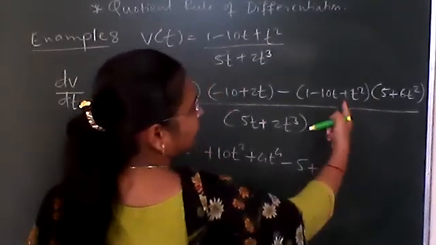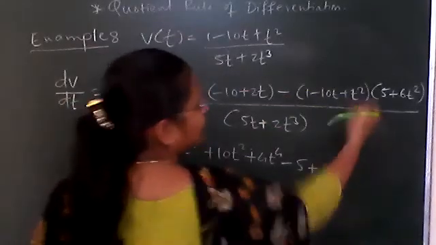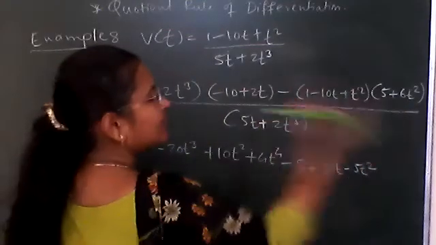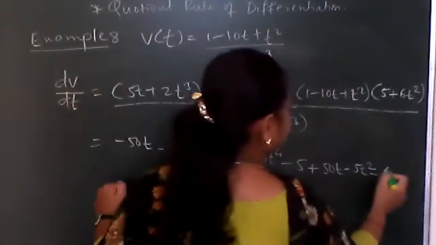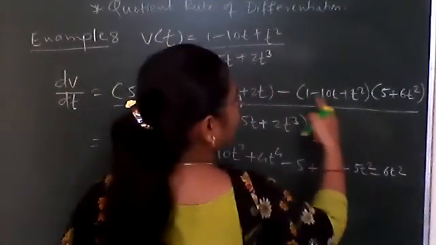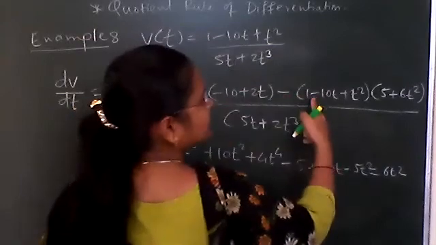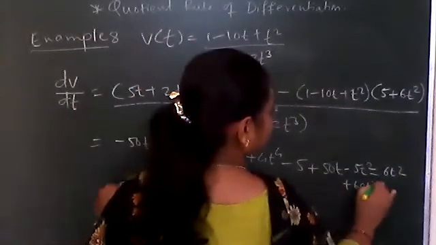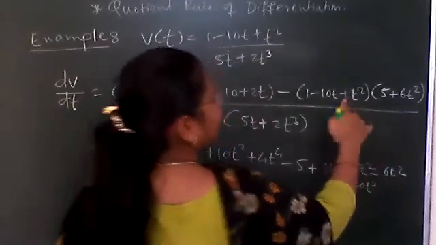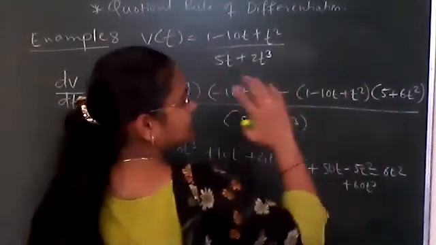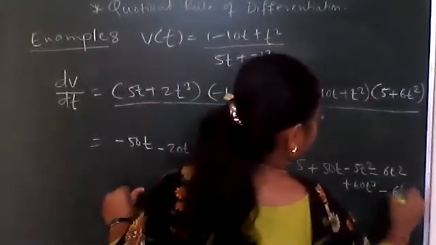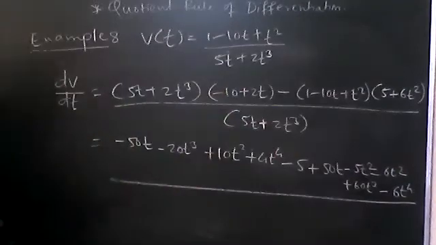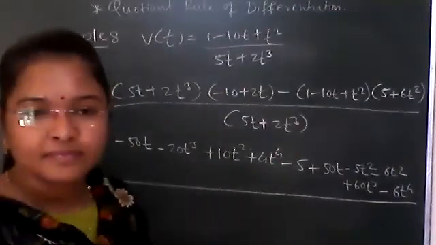Then plus into minus will be minus 5t square, so minus 6t square. Minus plus 60t cube. Then minus 6t raised to 4. Any doubt in this step? No, ma'am.